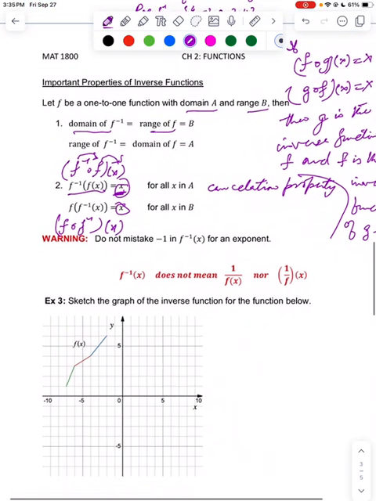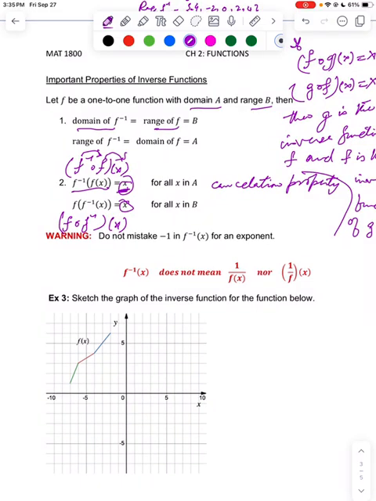For example, y equals sine of x is like y equals f of x, but the inverse of this function will be y equals sine inverse x, and we will not think of it as 1 over sine x.